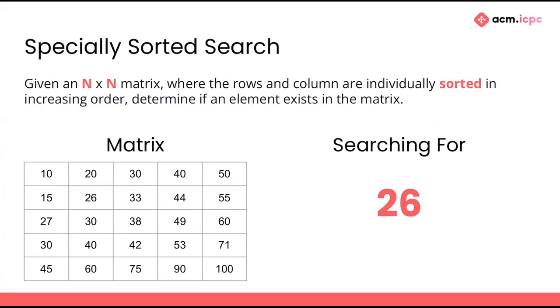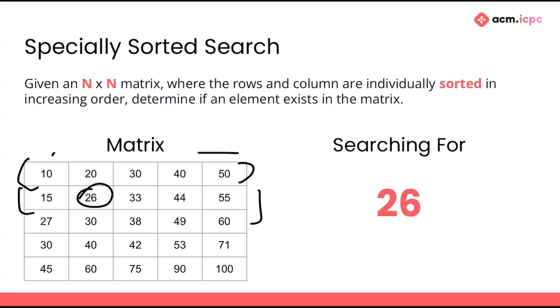There are no wrong answers, by the way. Binary search, that is a great idea. So if we were to try and binary search, we could go row by row and binary search for the element in this row. Go to the next row, binary search. Oh, look, we found 26. That's great. What is the time complexity of that algorithm?